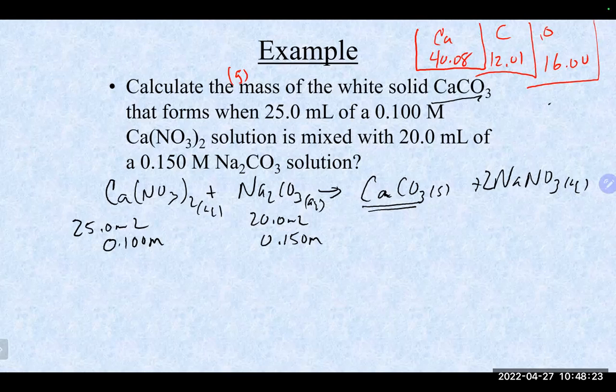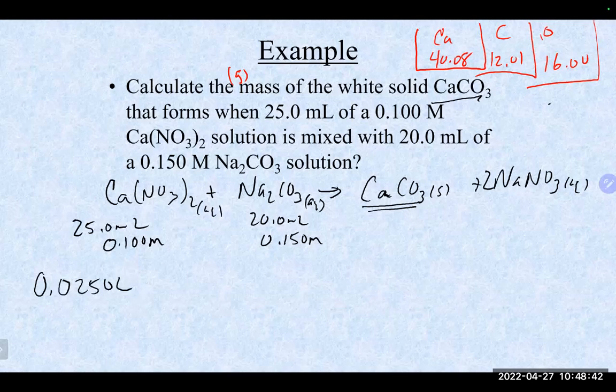This is a limiting reagent problem. We have the volume and the molarity for both of those guys, which means we could technically get the moles of both of them. So it actually is a limiting reagent problem, and we do need to find that at some point, but we'll first start with the moles here. We need to convert our volume into liters, so 0.025 liters.